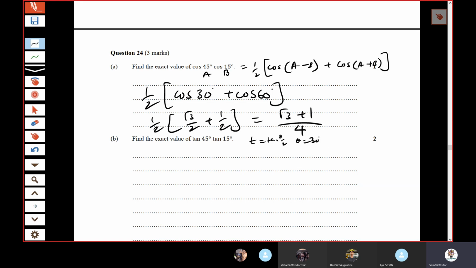Was that your logic? Yeah, it would work. I'm not going to take that away from you. But I think they're trying to make you guys realize something here. What do you think that is? Tan. The angles are the same. Think of tan. What are you going to use? What are you going to find first?